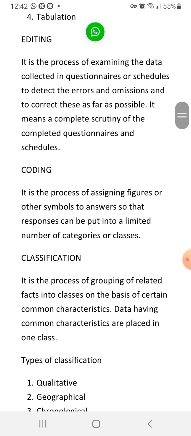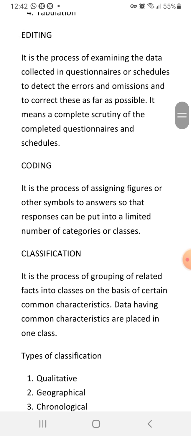Coding. We have to assign some codes to the collected data. We have asked some questions. We have asked one question: your age. Then we have made some columns: between 18 to 25, 26 to 30, 31 to 35, 36 to 40, like that.